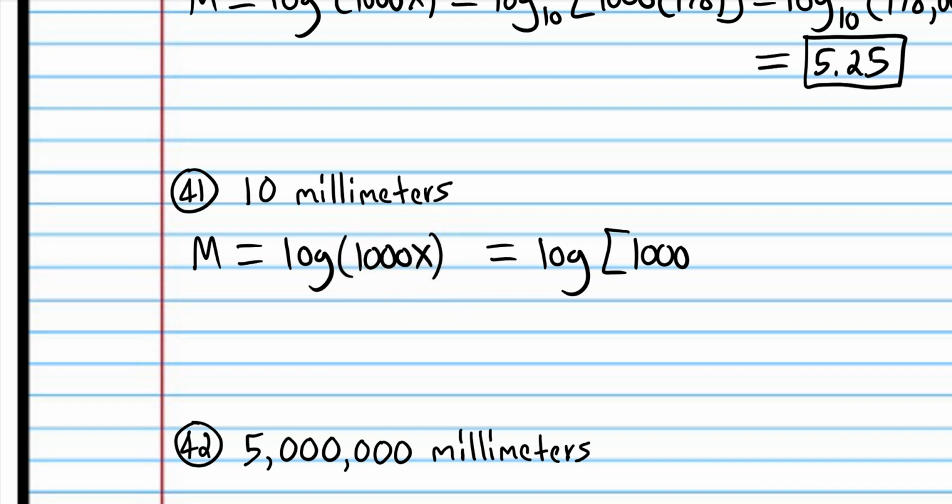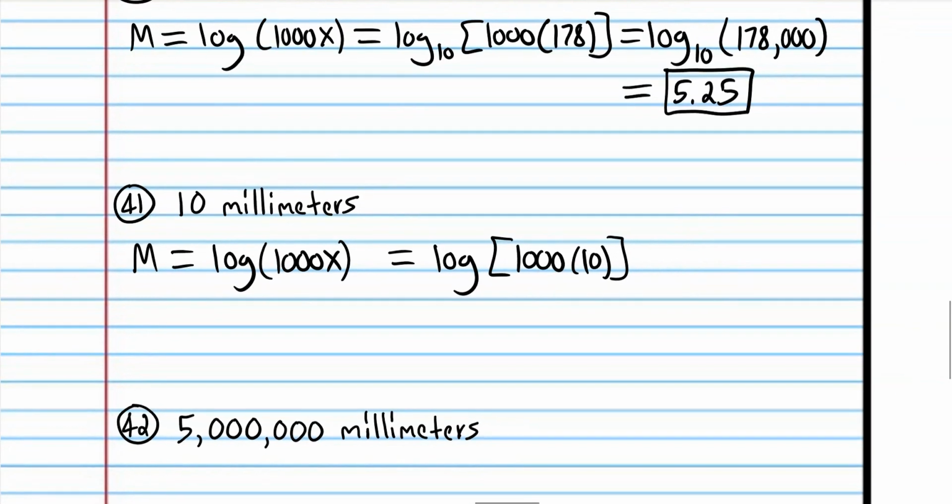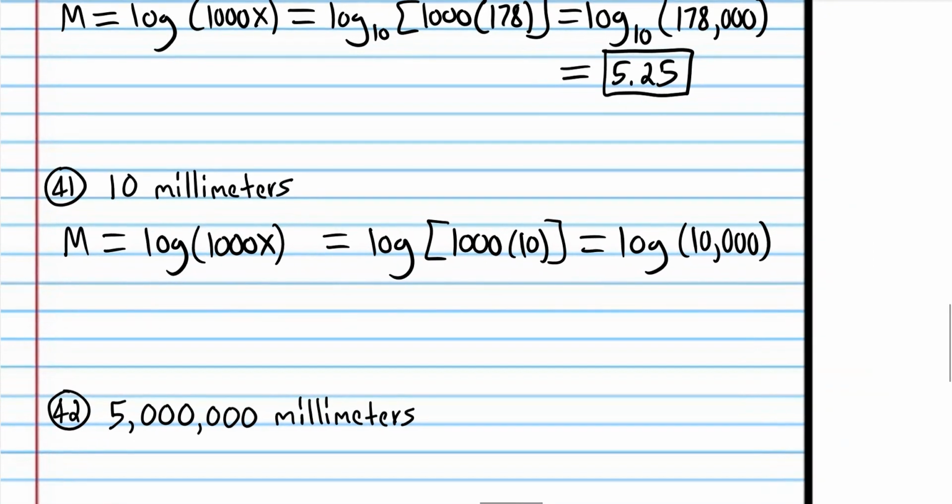So we're going to plug in our disturbance on the seismometer, which is 10 millimeters. So we get log 10,000. So we could actually calculate this without our calculator. This is 10 to the 4th power. So it's just going to be a magnitude 4 earthquake.